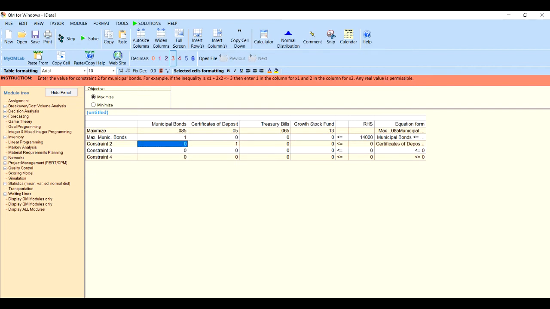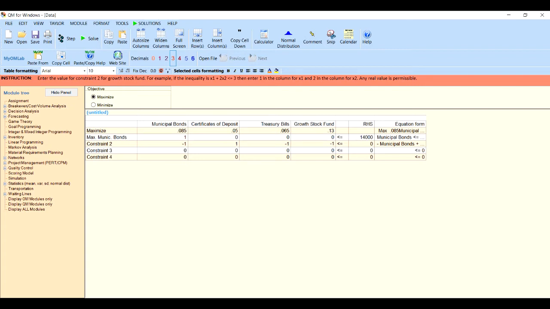Our fourth constraint is that the ratio invested in certificates of deposit and treasury bills to the amount invested in municipal bonds and growth stock should be a minimum 1.2 to 1. Now, there's a couple different ways we can do that.